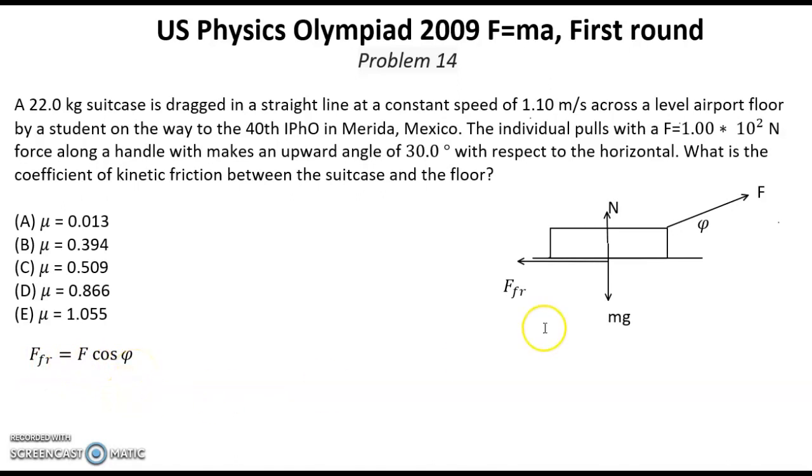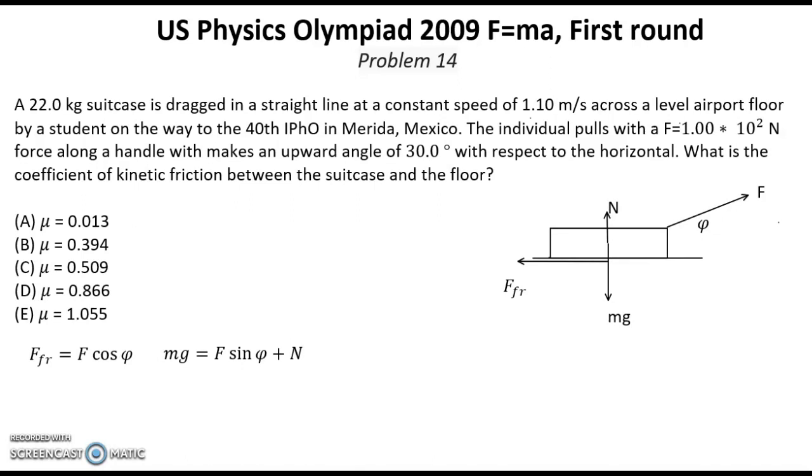Second equation, that's vertical. We have force of gravity mg, which is equalized by normal force and vertical part of pulling force. So that will be this equation: mg equals F sine phi plus normal force.